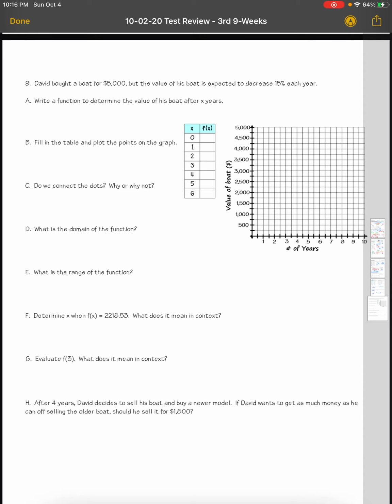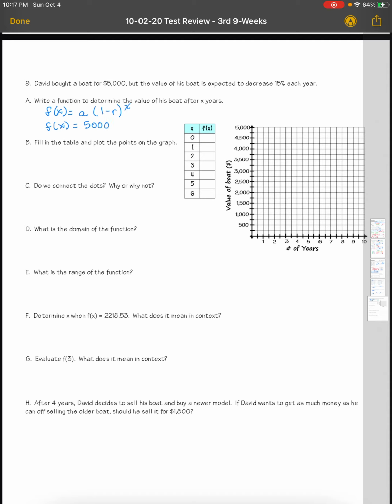Talk about David bought a boat for $5,000, but the boat is expected to decrease 15% each year. Write a function to determine the value of his boat after x years. So we know the value of his boat would be f of x is equal to initial value times 1 minus the rate, because it is depreciating, raised to the x power. So that's f of x is equal to, he bought the boat for $5,000.